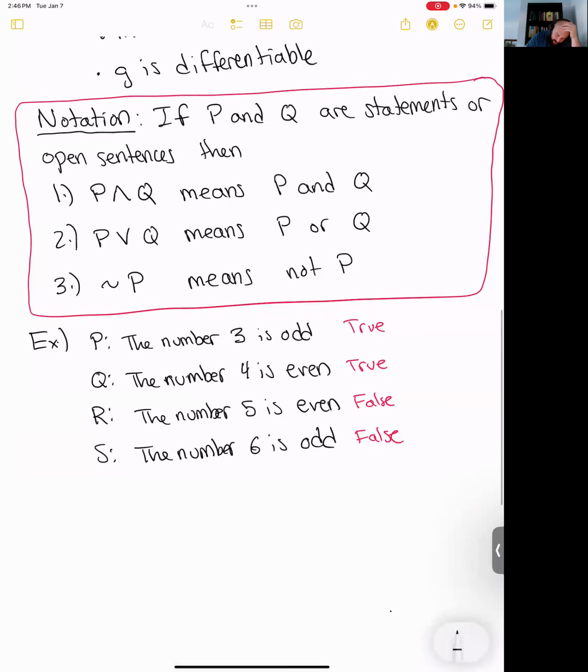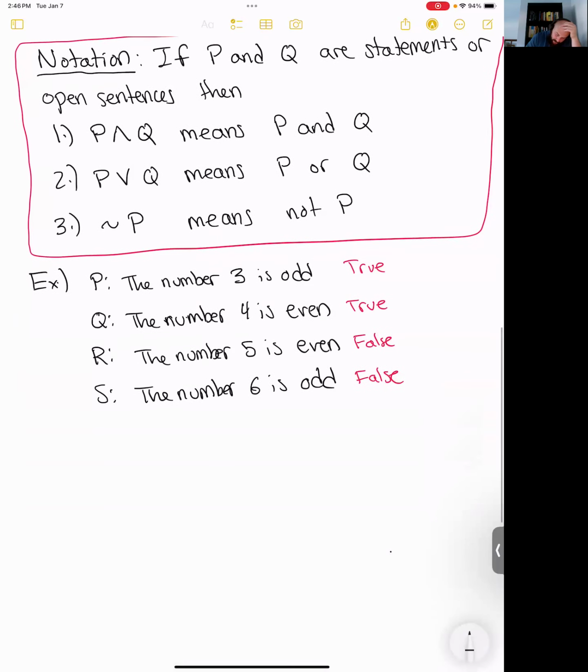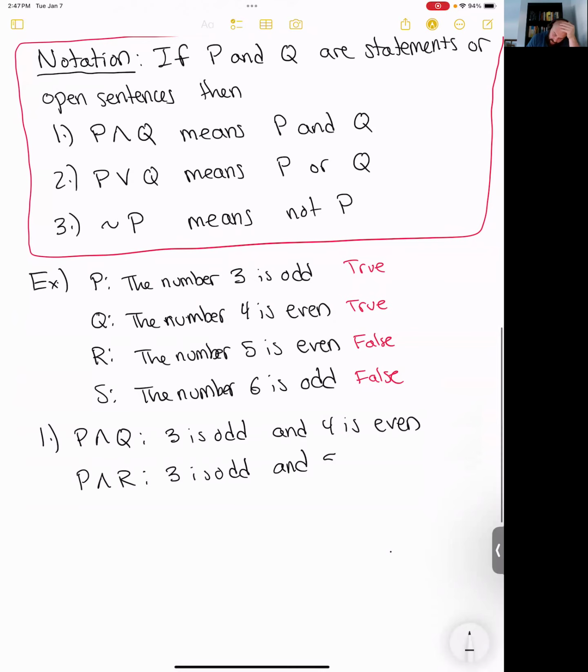So first of all, we could do P and Q, which is the statement that 3 is odd and 4 is even. Or we could do P and R, which is the statement that 3 is odd and 5 is even.